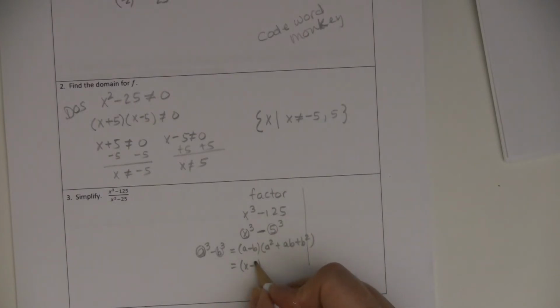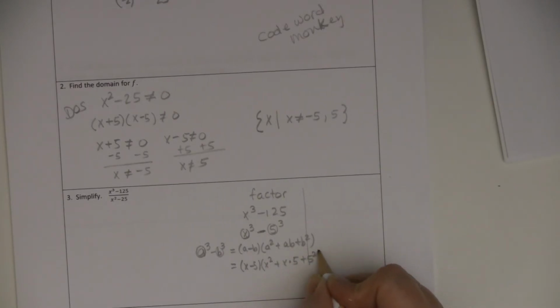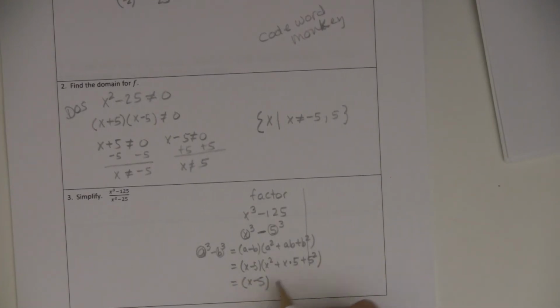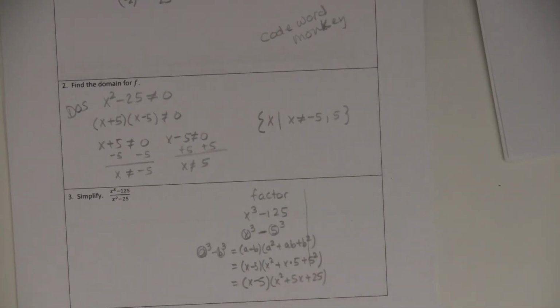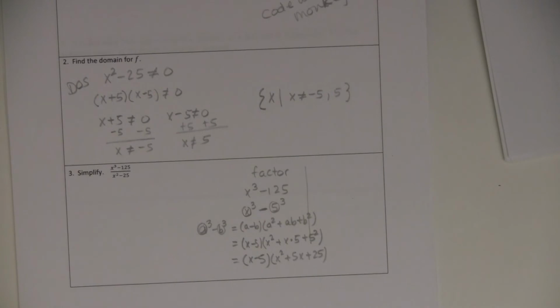So x minus 5, and then x squared plus x times 5 plus 5 squared. And then you've got to clean it up. So x minus 5 times x squared plus 5x plus 25. Your choice on whether or not you sing a little song or if you use the formula. You guys were liking using the formula, and since you got notes, I can see why.